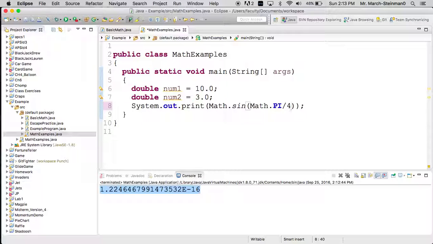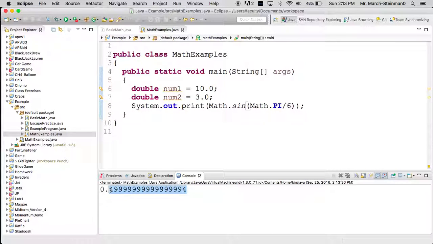Let's look at pi over 6. If you know your trig identity, or your unit circle, this should make a little sense. We should get about 0.5. Notice it's not exactly 0.5, and this runs into some of the limitations of doubles and how they store information. Sometimes you're not going to get something exact, and this is where rounding can become somewhat useful.